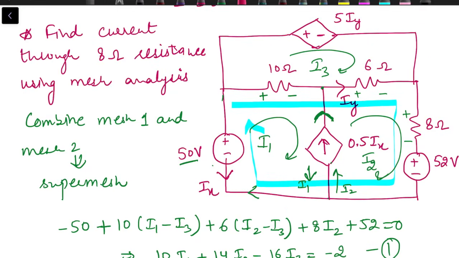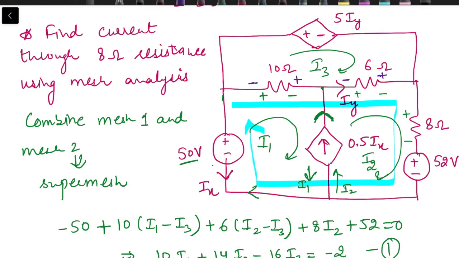Third equation we will get from the third mesh. What we have in the third mesh is a current dependent voltage source, then the 6 ohm resistance. We need to mark the polarity of voltage drop across the 6 ohm resistance as per the direction of I3, so this terminal will be positive and this will be negative. For the 10 ohm, positive, negative.